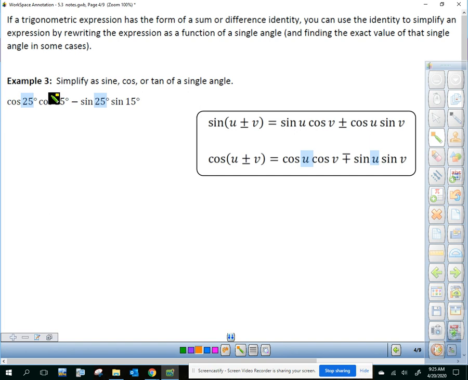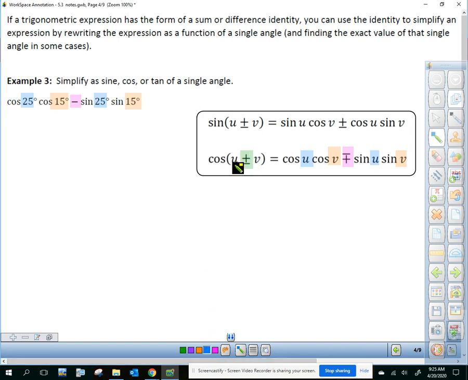So this one is cosine for sure. Now, is it the sum or difference? Remember, it's the opposite. This one says that it is minus, right here. When you condense it, it's the reverse of that, so it's going to become plus.